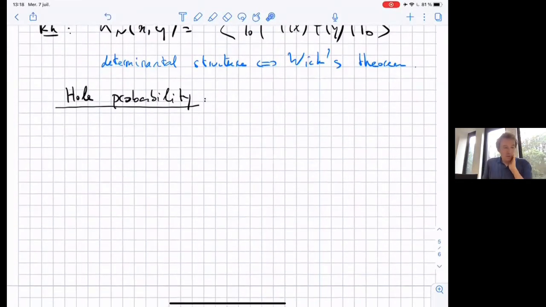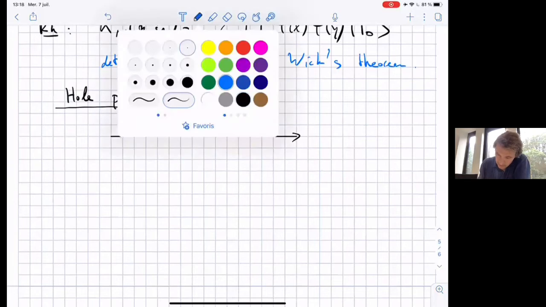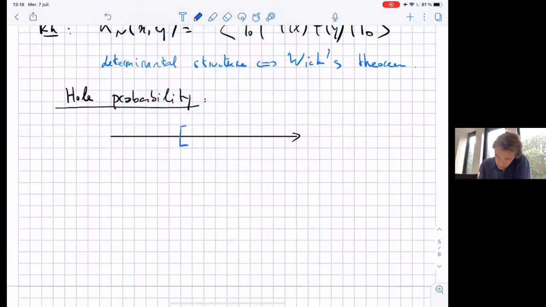So the thing that we have already discussed many times is related to hole probability. Let's just illustrate it quickly. Let's look at the real line where my fermions live, and let's define a certain interval, which I will call J. It could be a disjoint interval, but let's look at the simple one.